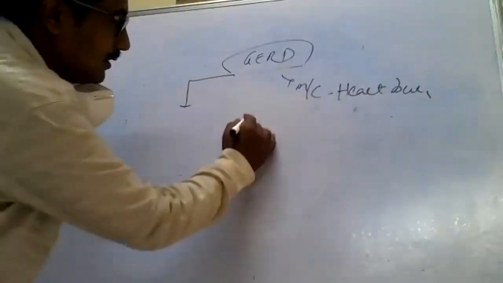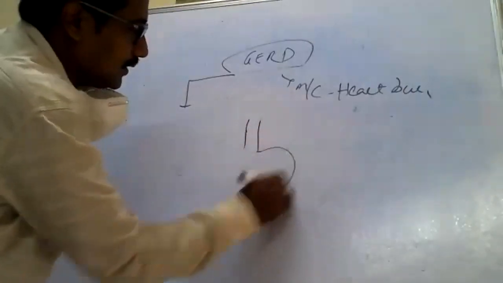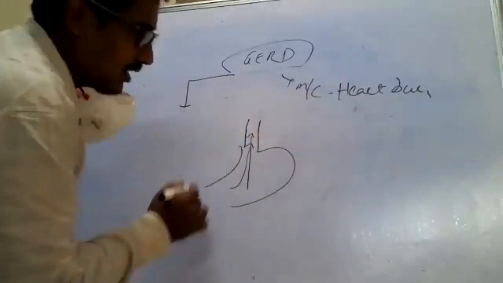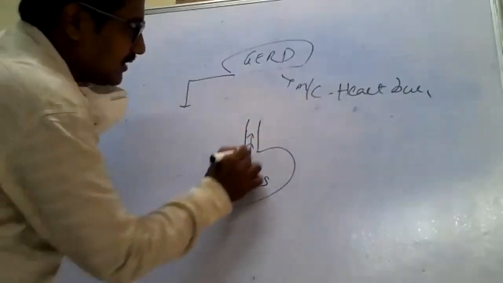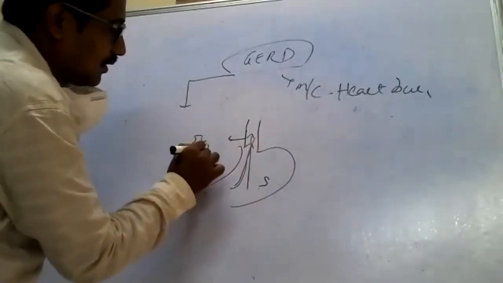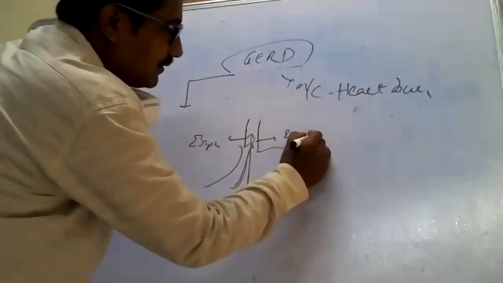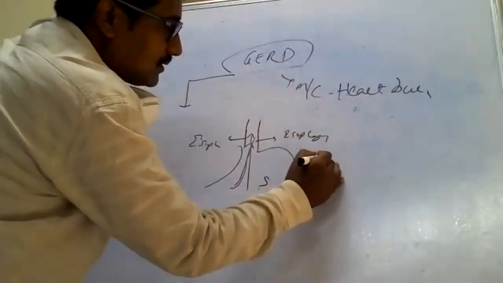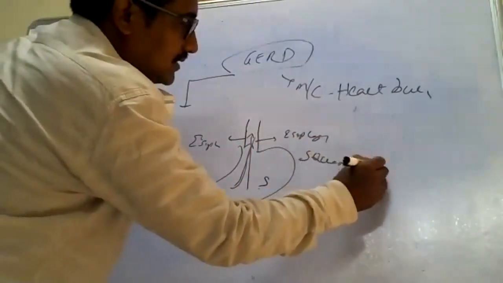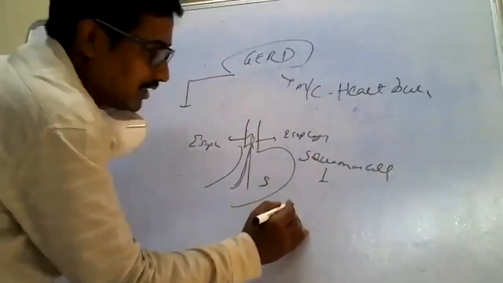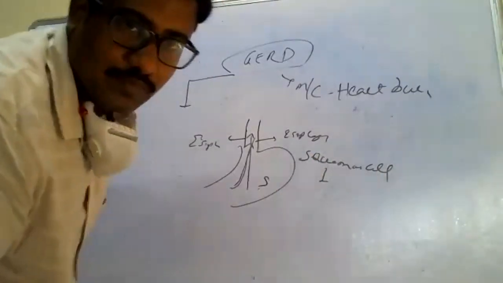So one question, this is the esophagus. The acid is continuously getting reflected into the esophagus from the stomach. The esophagus is lined with squamous cells. But because of the reflux, these squamous cells are converted into which cells?